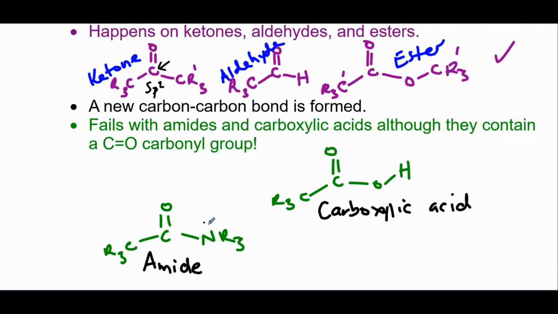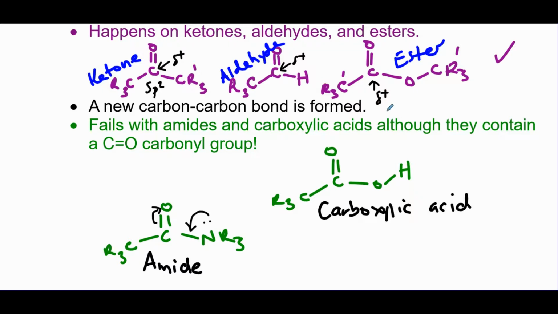Because of the lone pair on the nitrogen, which can be pushed backwards this way, and that will go that way. Now, the reason why this carbon of the carbonyl is attacked for these three is because these carbons are partially positive. That's why the carbonyl plays the role of an electrophile.